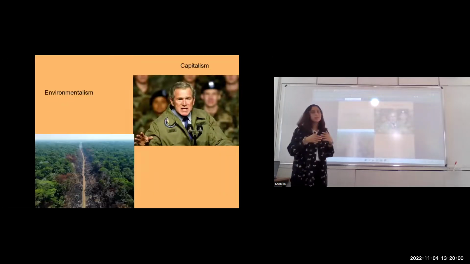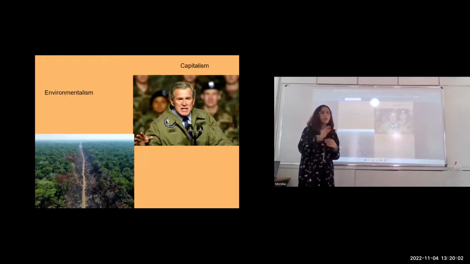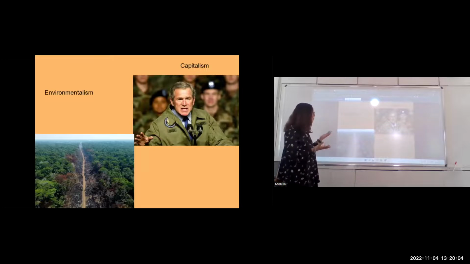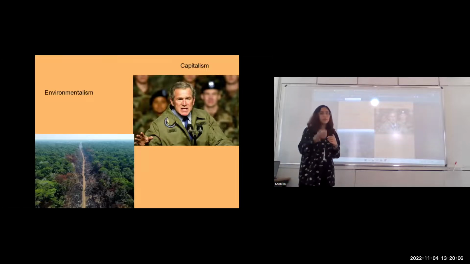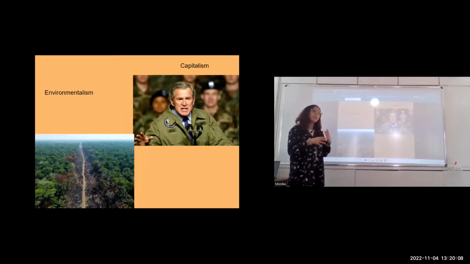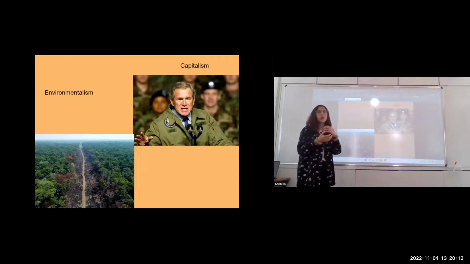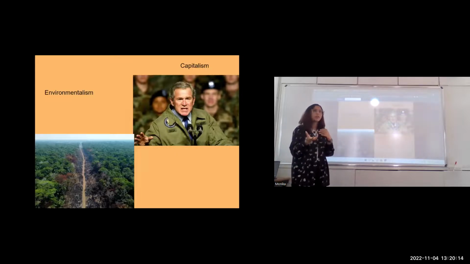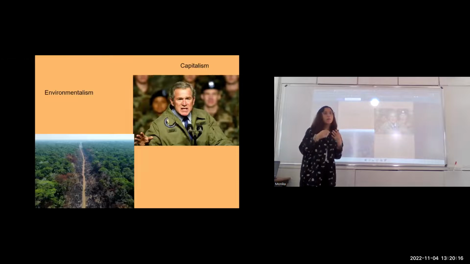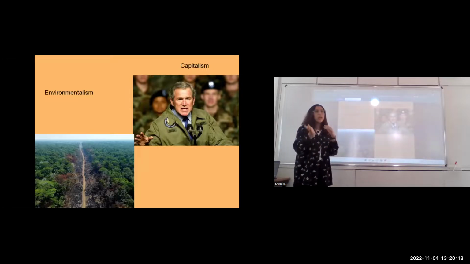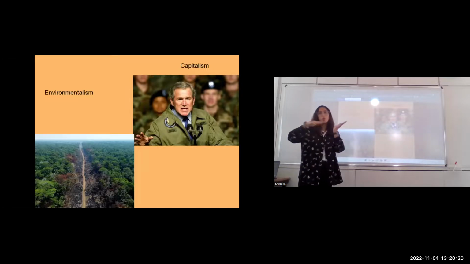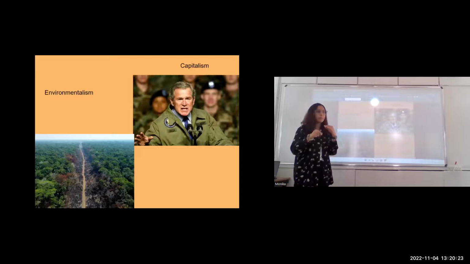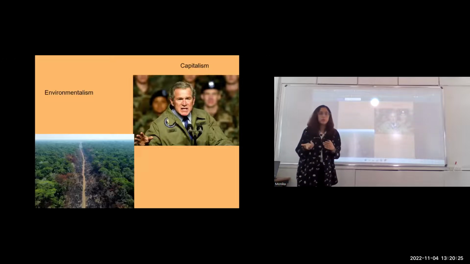Okay, so the main reasons in this case are environmentalism as well as capitalism. Beginning with environmentalism, that is what happened in the case of Brazil: most of the countries which are underdeveloped, or Latin American countries, despite having an abundance of resources, export most of their resources to Western countries, like the US and a lot of the European countries.